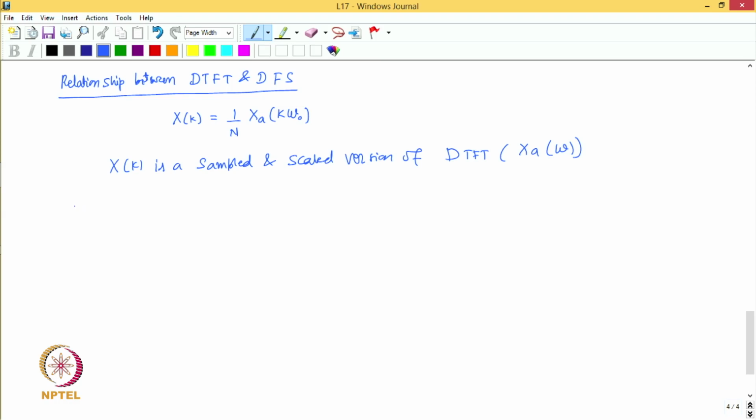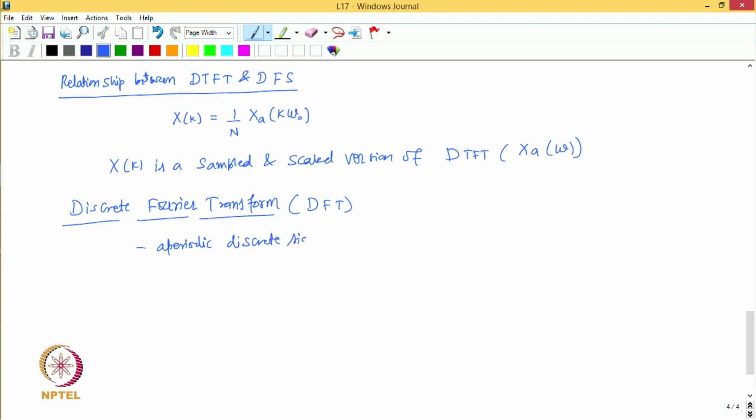Now we are going to look at what is called the discrete Fourier transform, abbreviated as DFT. Let us say we have an aperiodic discrete signal which we represent by x_a(n). Let us say we are interested in finding its frequency domain representation.